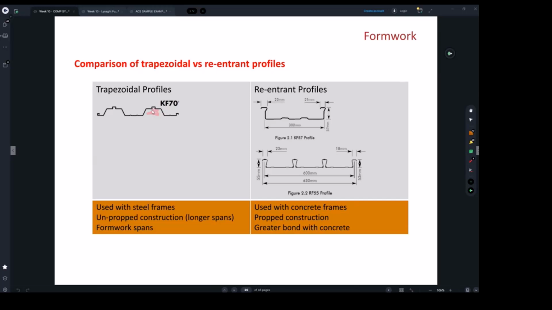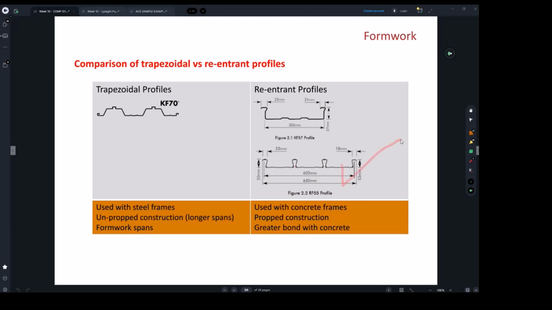These are voids, and it won't be a good idea to have this type of deck sitting on the edge of the band beam, because only these lines will be in contact with the band beam. And you're losing a big gap here. However, when we have this kind of bonding, we have a very long length bearing on the edge of the band beam, and only a tiny void.